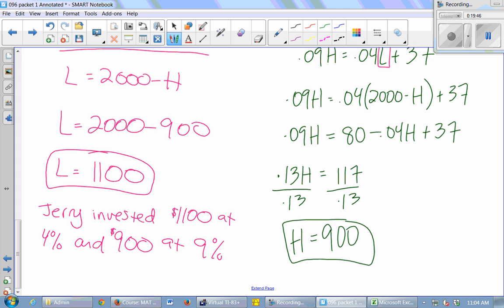So all we have to do is figure out the interest earned over the two accounts. We should come up with $37. Yeah, so this sentence is the answer. If you want to check it, take 4% of 1100 and 9% of 900, and one should be $37 bigger than the other. All right, good. Checking is important.